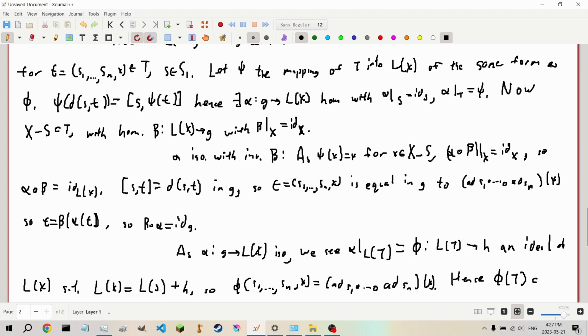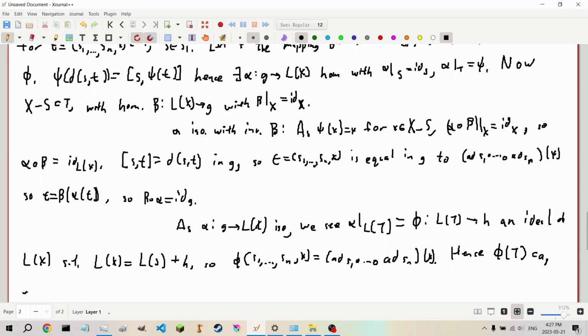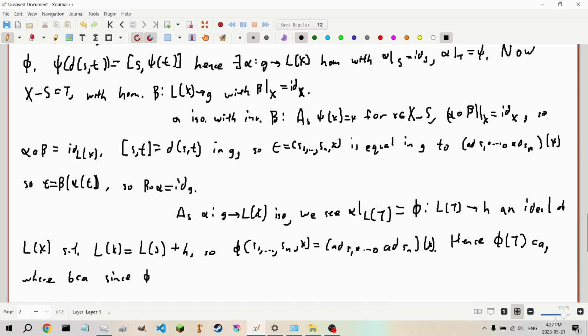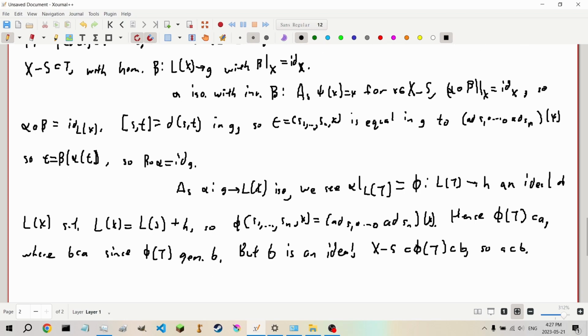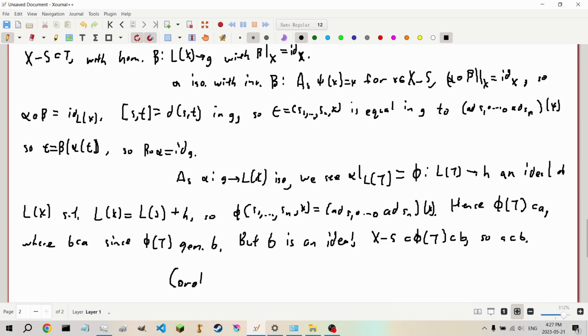Hence, phi of T is in A, where B is in A since phi of T generates B as a subalgebra of Lx, but B is an ideal, and X minus S lies within phi of T, which lies within B. So A lies within B. This comes with a corollary.